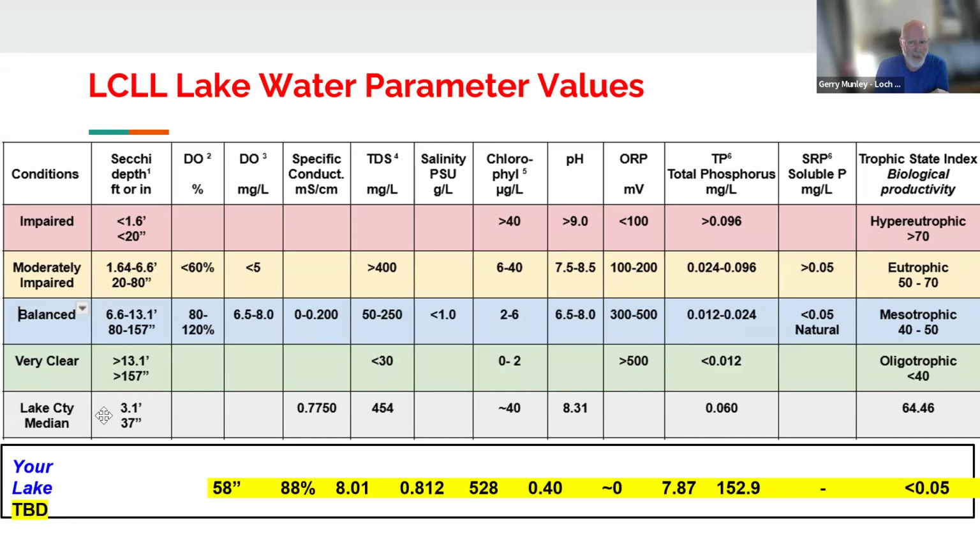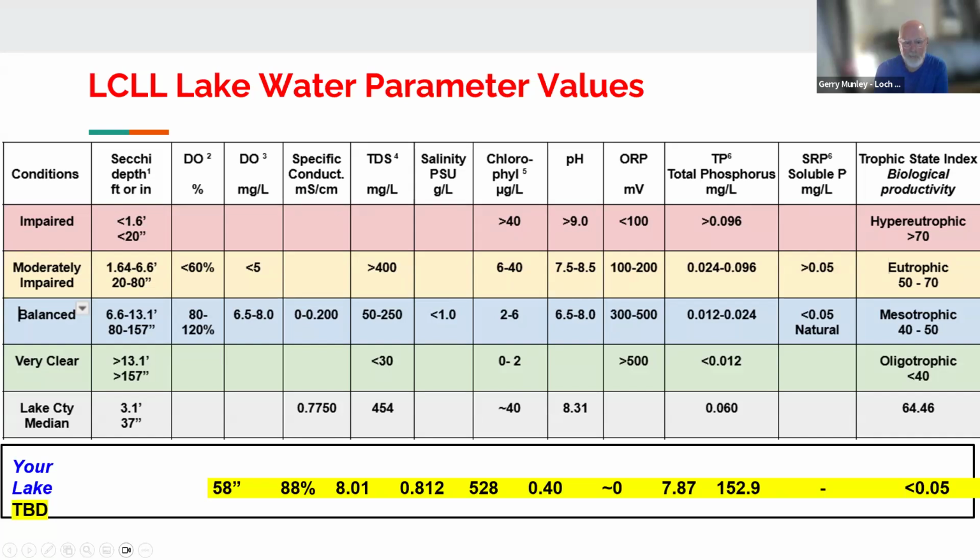But I took some of the key values that were common to both water quality and to trophic state, like Secchi, dissolved oxygen, conductance, specific conductivity, total dissolved solids, salinity, chlorophyll, pH, oxidation reduction potential, total phosphorus, and soluble reactive phosphorus, which was one of the values that we've been measuring, to try to figure out, well, what values, where does that put our lake?